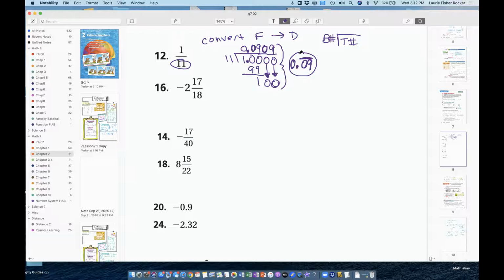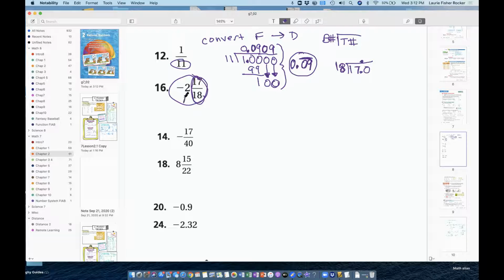Then I look at this next problem. It's -2 and 17/18. I'm just going to look at this fraction part. It's negative, and I've got 17/18. So that 18 is going to go on the outside, and the 17 is going to go on the inside. I know that 18 doesn't go into 17.